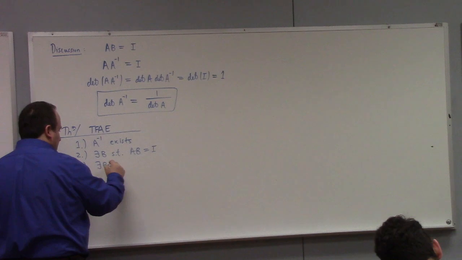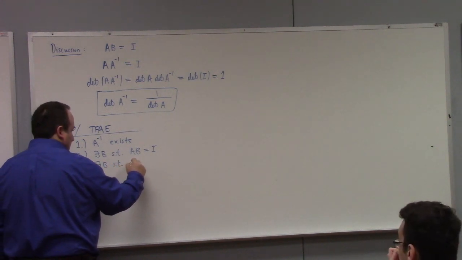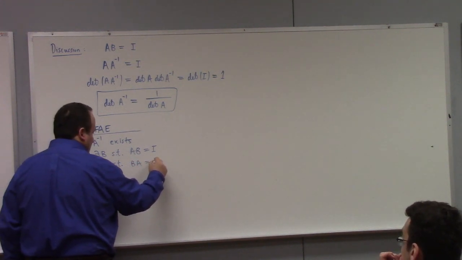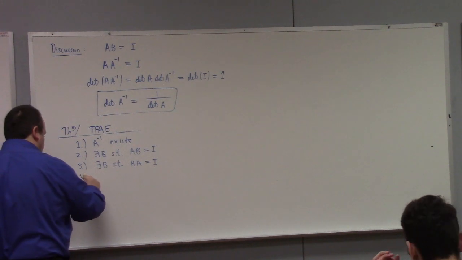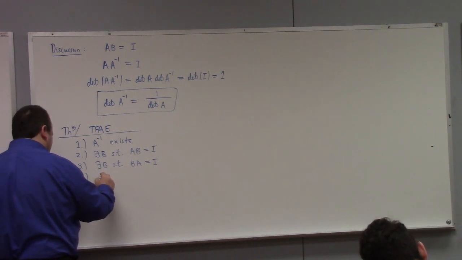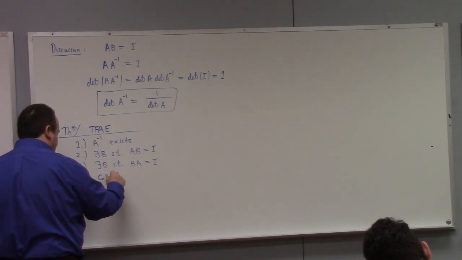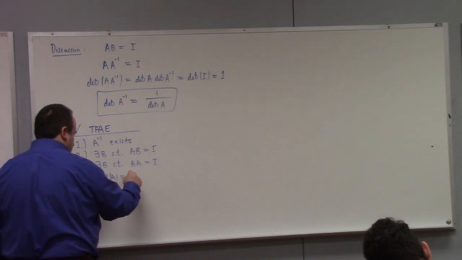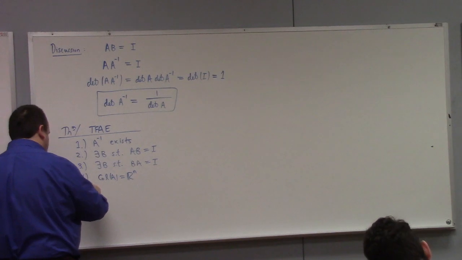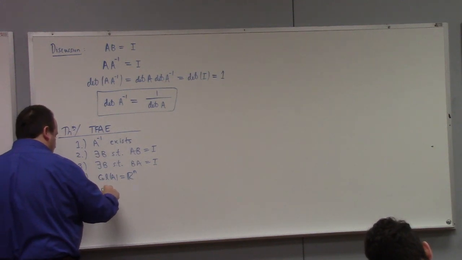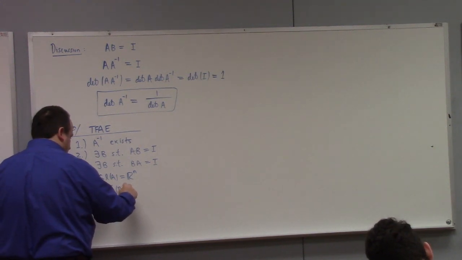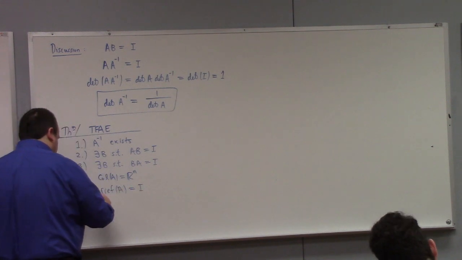There exists B such that BA equals I. 4. The column space of A is equal to Rn. 5. The reduced row echelon form of A is equal to the identity matrix.